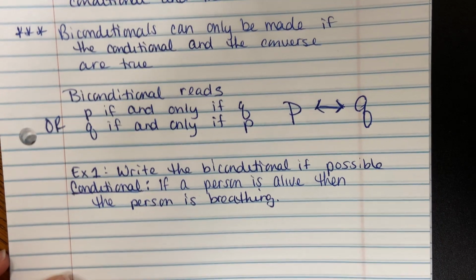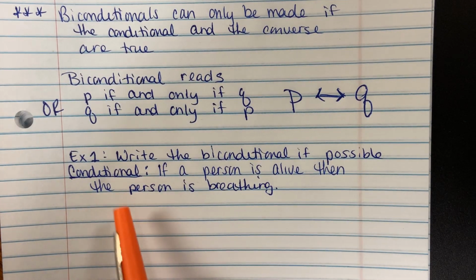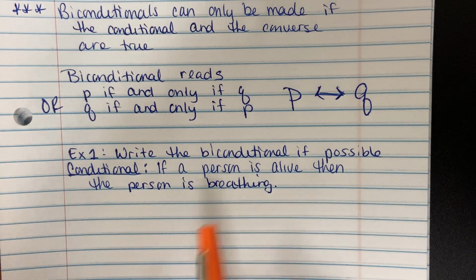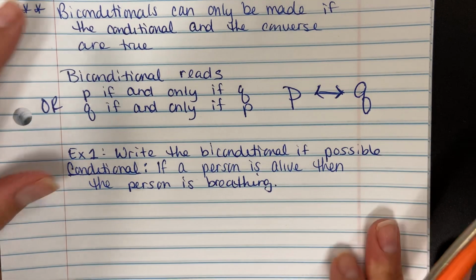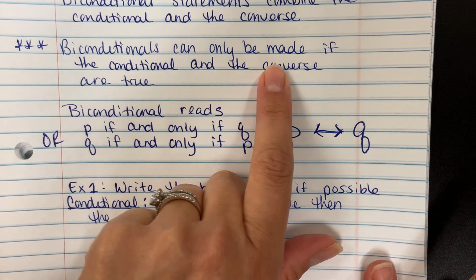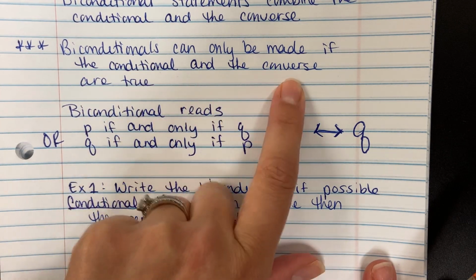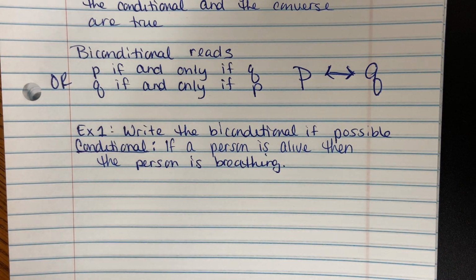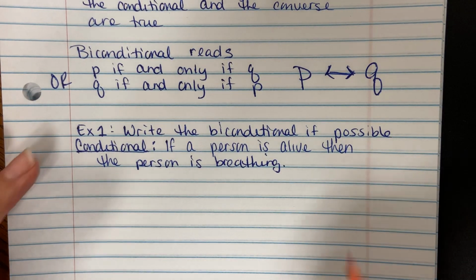So the conditional says, if a person is alive, then the person is breathing. Is this true or false? You have to ask yourself that no matter what, because we're going to go back up here. It says biconditional can only be made if the conditional and the converse are true. So is this a true or false statement? It is true.